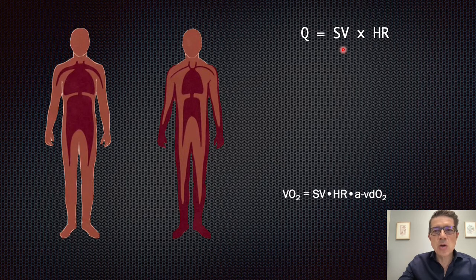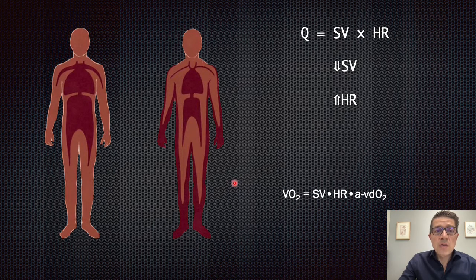So as a response to the decline in stroke volume, what is your body going to do with the heart rate in order to maintain the same cardiac output? Because your body still needs oxygen, whether it's hot or not. Your brain needs oxygen. All the organs need oxygen. So what your body will do is increase heart rate.